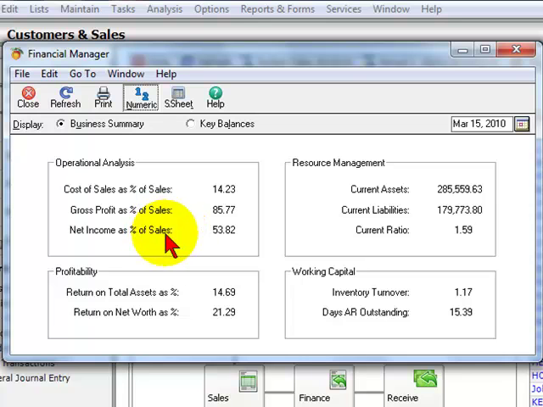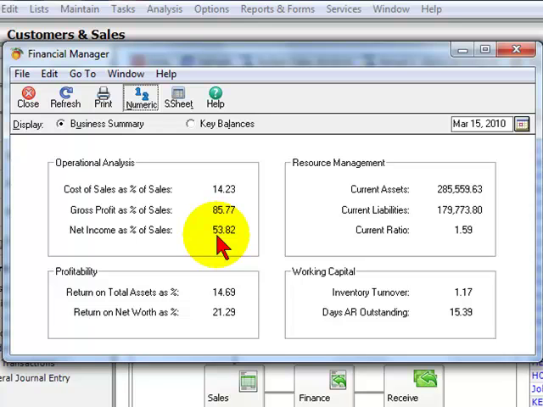Now the next line item is net income as percentage of sales. Now this is basically gross profit minus all the operating expenses, say wages, advertising, rent, insurance. And what this will say is basically of that $100 item you sold, you will keep $53.82 as profit.